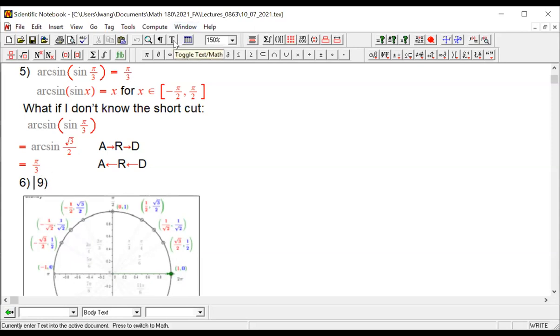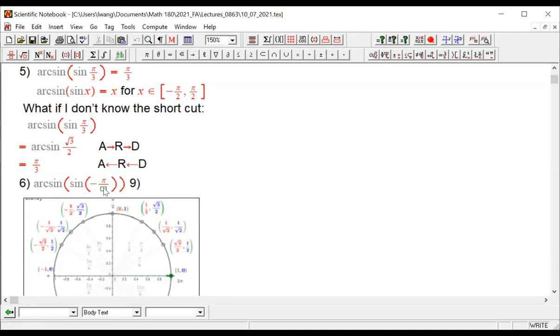Number 6 is arc sine of sine negative pi over 6. Number 9, we have sine, arc sine.